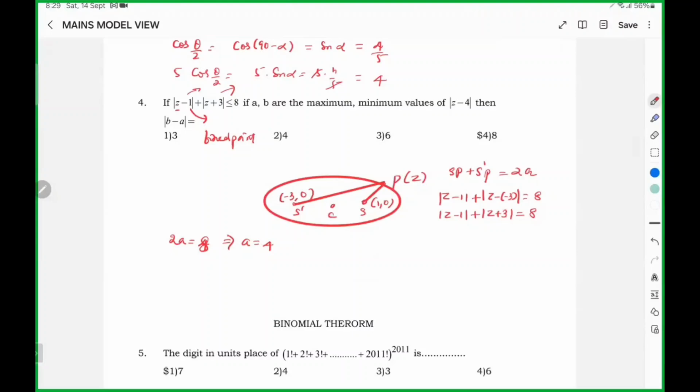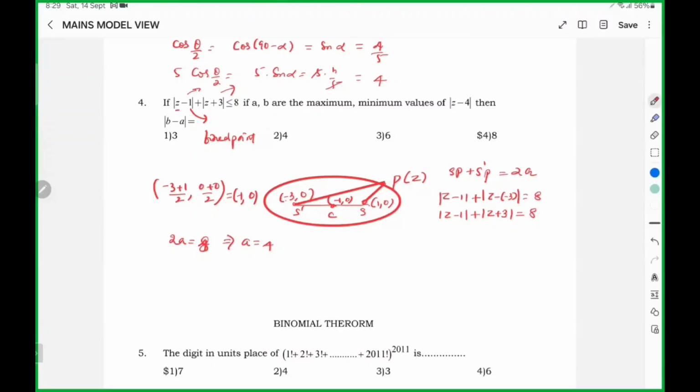So this is the center. And the midpoint of minus 3 comma 0 and 1 comma 0, that is, minus 3 plus 1 by 2, 0 plus 0 by 2, which is minus 1 comma 0. This is minus 1 comma 0. Right.